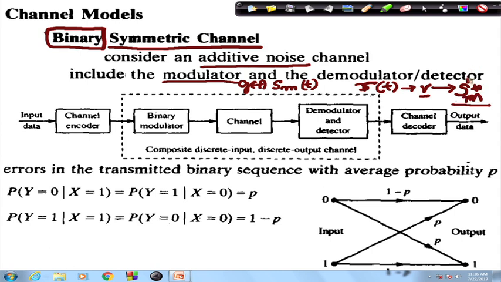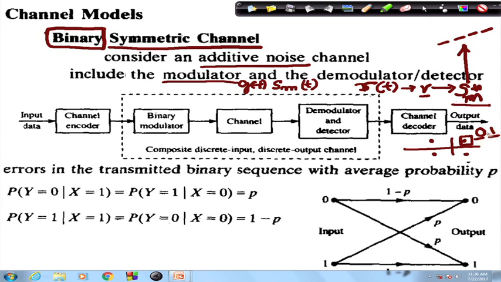So, once you detect the particular Sm, you can easily identify the k bit sequence which maps to it, because if this is your constellation and this is the detected symbol, definitely this symbol has a bit map which could be 0 1. So, the output of the detector is 0 1, right.